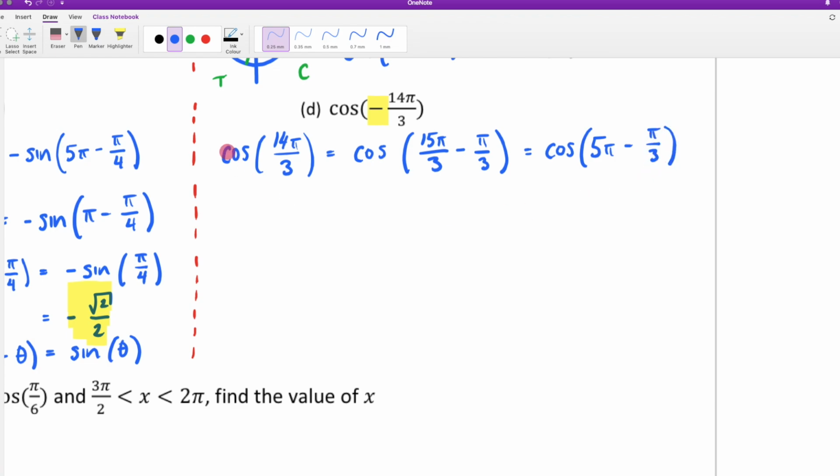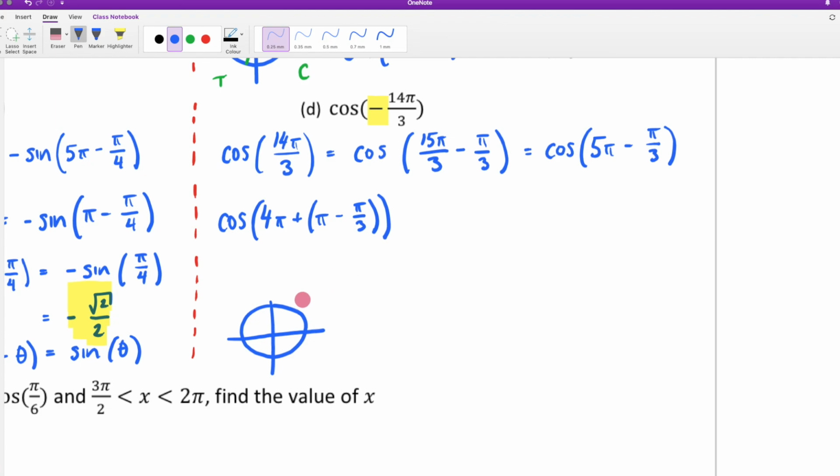Close it off. Let's now think of our unit circle. We know that if we have 5 pi, that's simply the same as 4 pi plus pi, because 4 pi plus pi is 5 pi, and then we are minusing pi over 3.